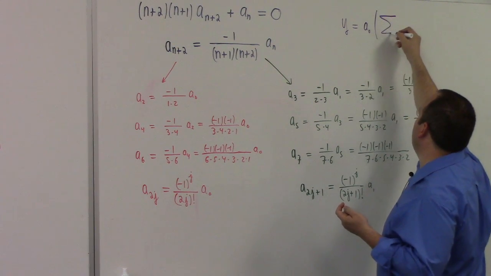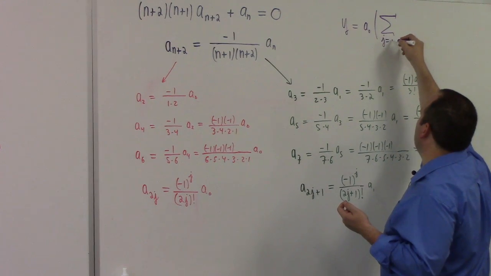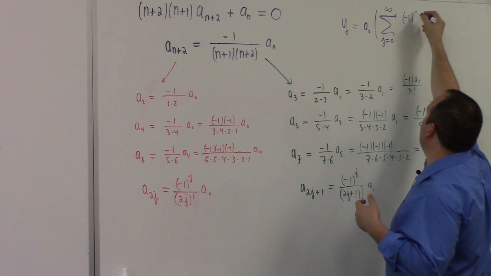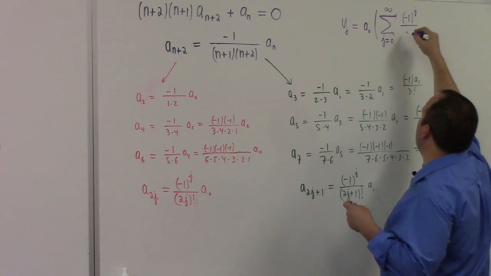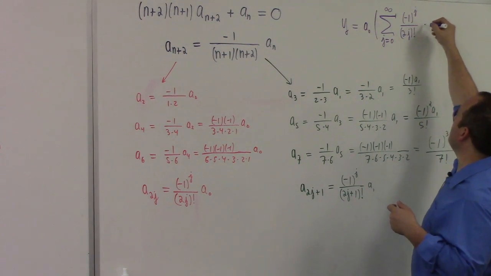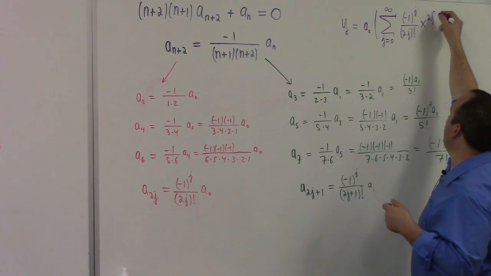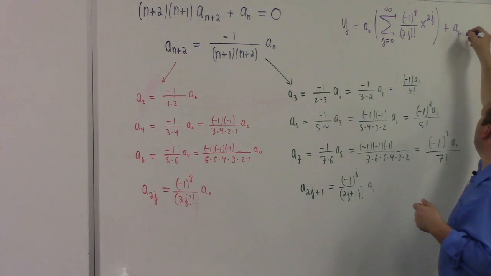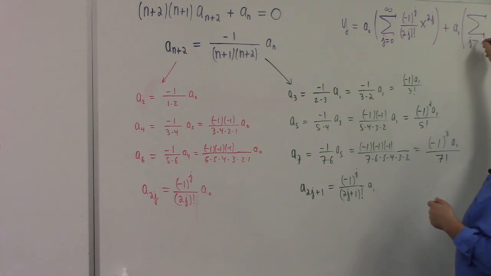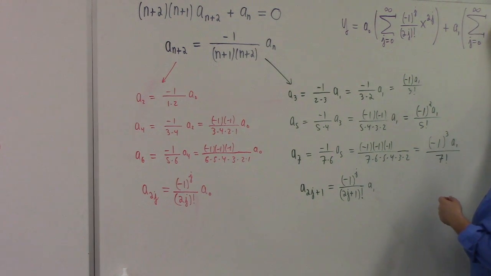And that gives me a sum j equals 0 to infinity of minus 1 to the j over 2j factorial x to the 2j, plus a sub 1 times the sum j equals 0 to infinity of minus 1 to the j over 2j plus 1 factorial x to the 2j plus 1.